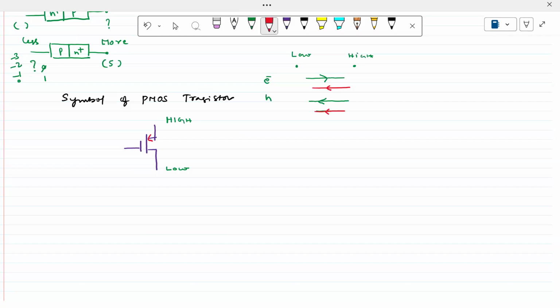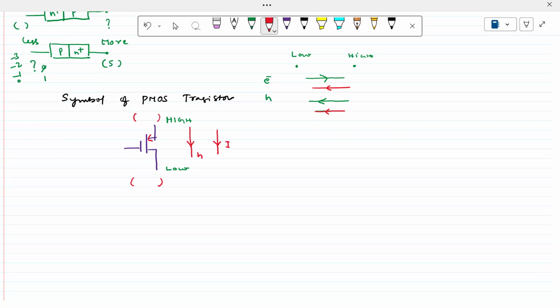Carrier transportation is from high to low. In the same direction, this is the hole direction, and the current is also flowing in the same direction. What is the high potential we can call it as? Can anyone help me?